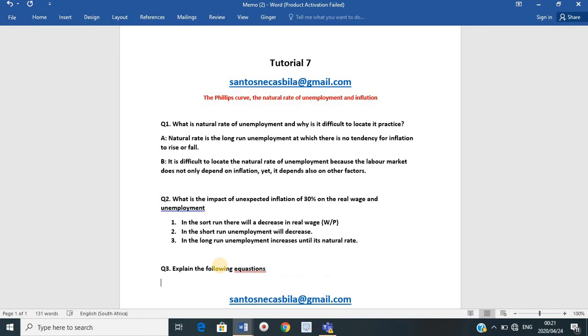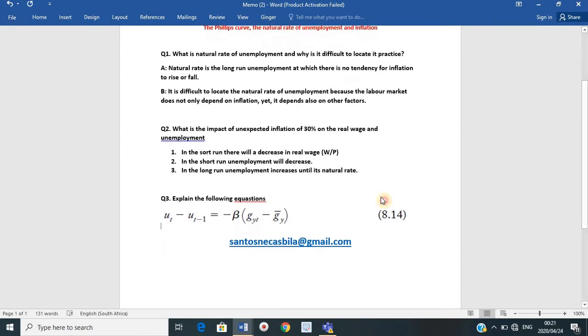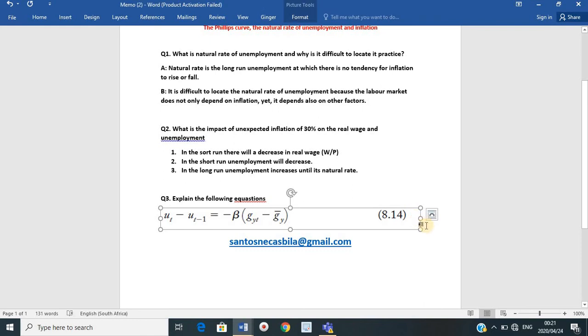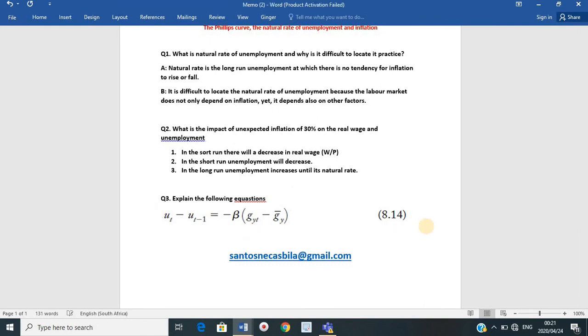I'll say A. So this is just a matter of description. We describe what the equation means, right? What does the equation mean?